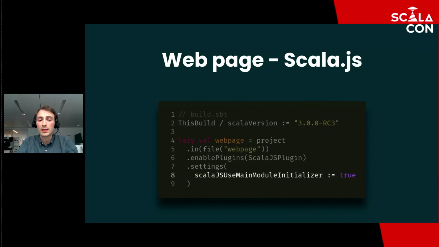And this setting is needed for the linker to know that the entry point of the script is a main method. So basically, if you have a main method in your Scala.js project, you need to enable the main module initializer. If your project is a library, you don't need it.